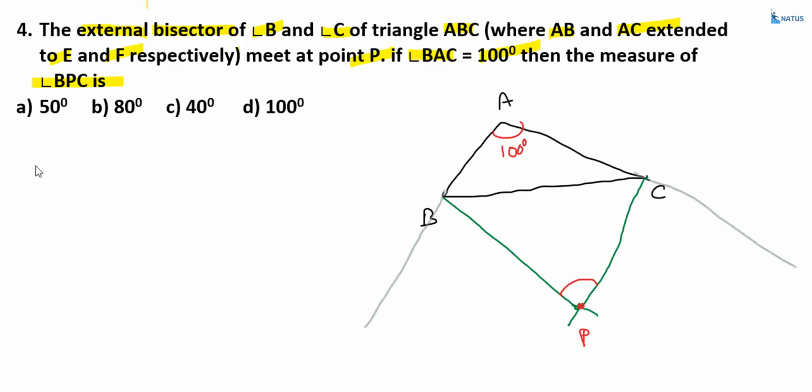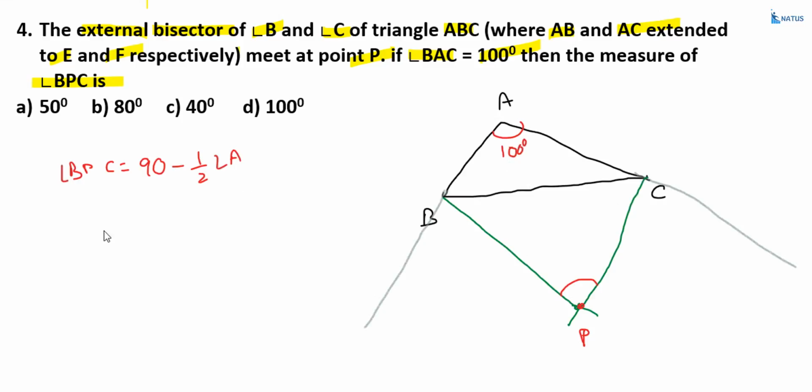Angle BPC is equal to 90 minus half of angle A. Suppose this is internal angular bisectors, then it is 90 plus half of A. Suppose external angular bisectors, then 90 minus half of A. Already we discussed this in yesterday's class, right?